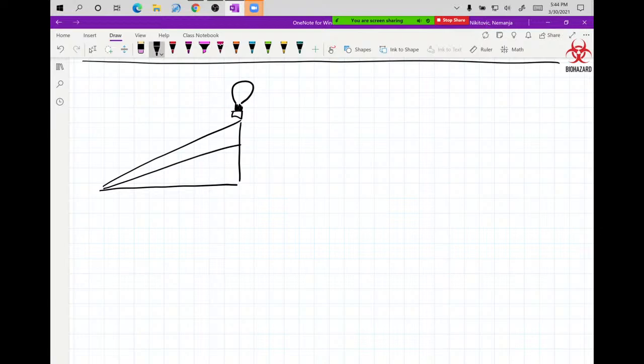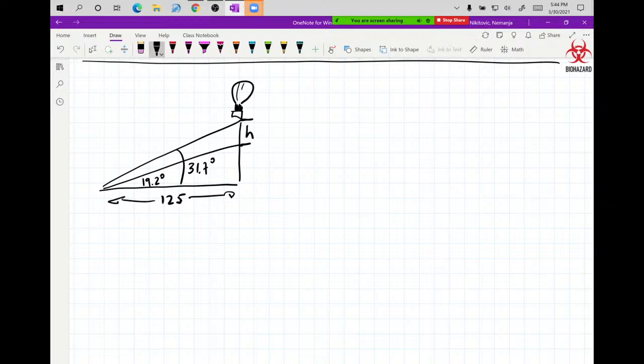We have the angle of 19.2 degrees and the larger angle of 31.7 degrees, and they want to know this difference in height. Let's call that h right there. And this is 125 feet in distance right here. So how much is this difference in height?